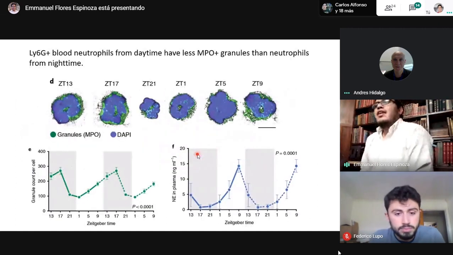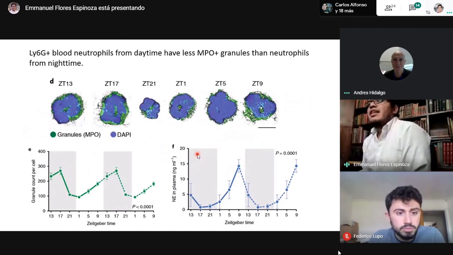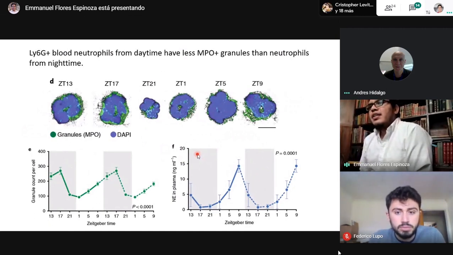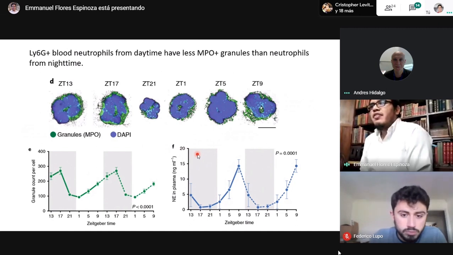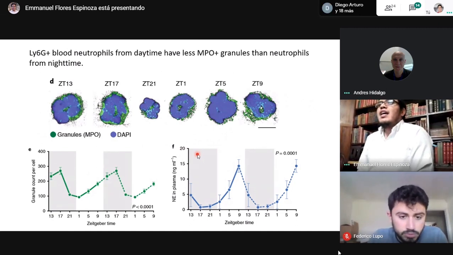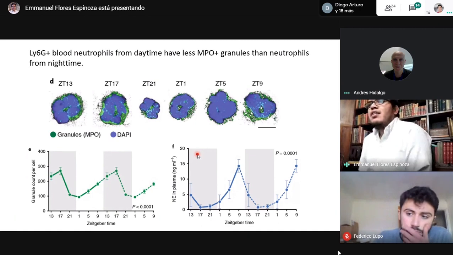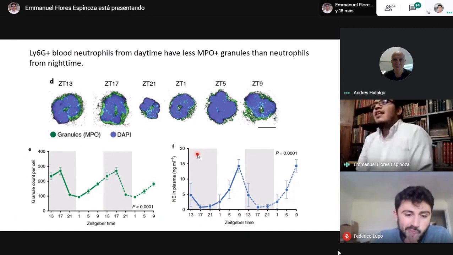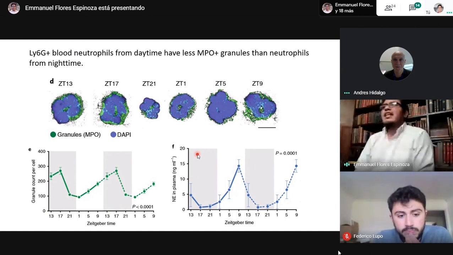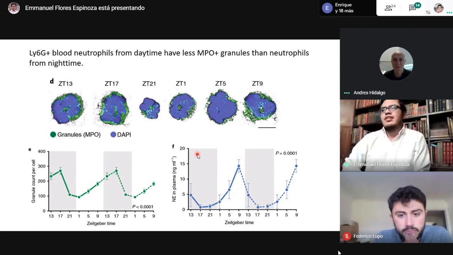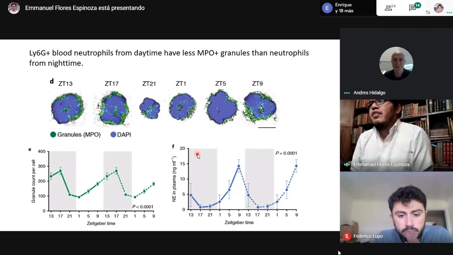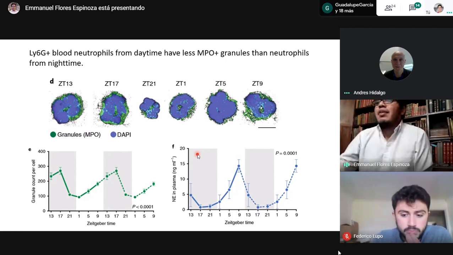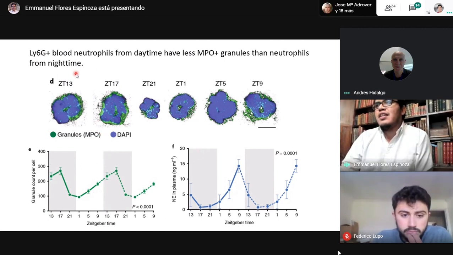Well, they analyzed the presence of granules in these neutrophils at different times of day, and they isolated Ly6G-positive neutrophils from blood, and they evaluated the presence of myeloperoxidase, which is present, as I said, in the azurophilic or primary granules. And we can see the night and the CXCR2, which are indicative of zeitgeber time.